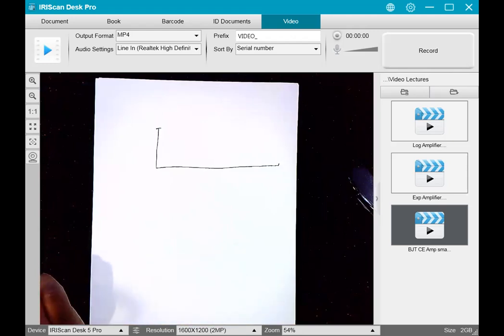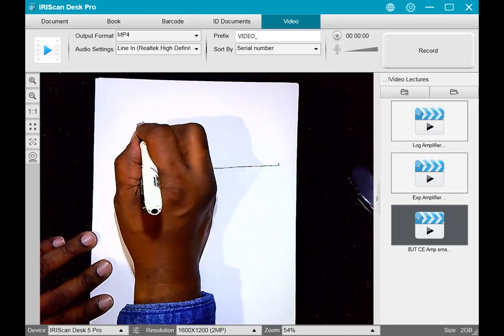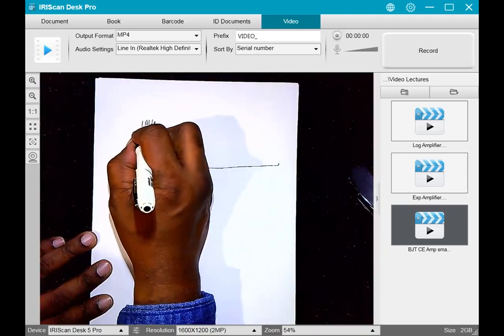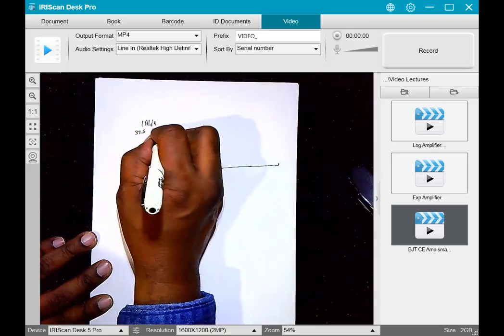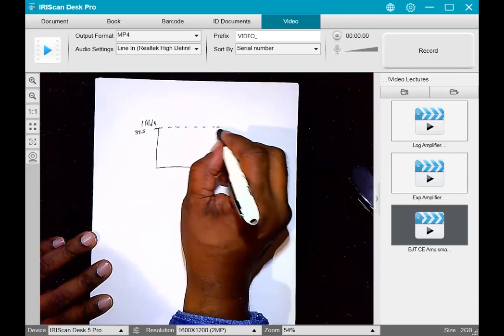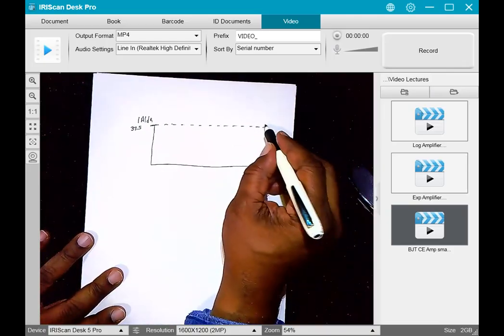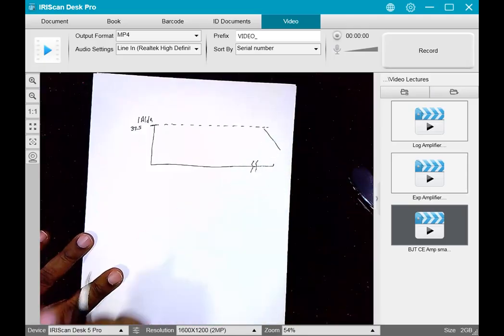Oh, here we go. So our gain in dB is 37.5 dB. So here's the magnitude of our gain, dB. This is 37.5 dB. So somewhere up here, the gain starts to drop off. We don't know where that is. We'll deal with that next time.